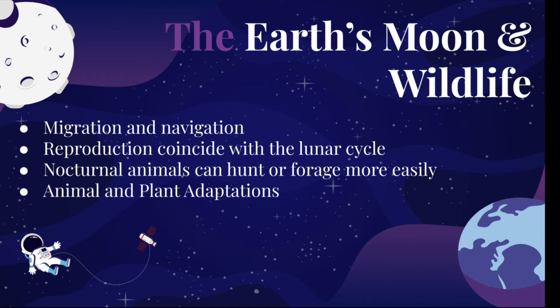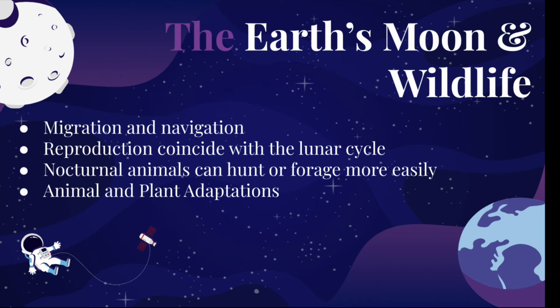If the moon has the powerful ability to affect one of Earth's biggest parts of nature, could it affect other parts of nature? Yes. The moon can affect migration and navigation patterns. Research has shown that biology and reproduction coincides with the lunar cycle.